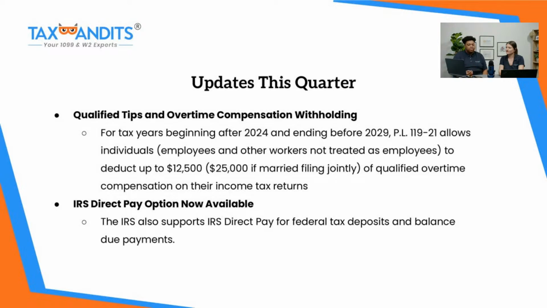So for tax years beginning after 2024 and ending before 2029, individuals such as employees or any other workers not treated as employees can deduct up to $12,500, or $25,000 if you're married and doing joint filing, of qualified overtime compensation on their income tax returns. So this will affect any withholding conversations that you're having with your employees. Because it's going to be listed on their W-2 and then later on their 1040.